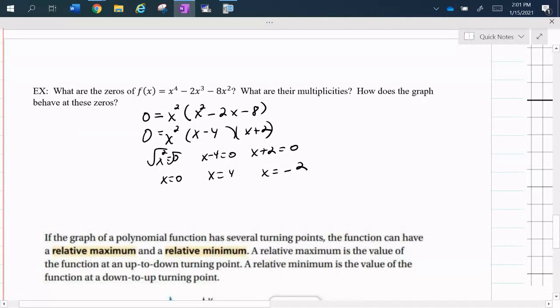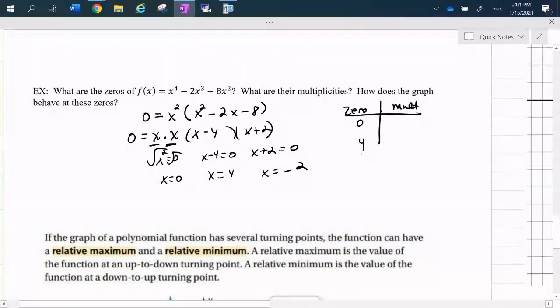But I want you to notice that one of these actually is a repeated linear factor. So instead of writing x squared, we could write x times x, which gives me a repeated linear factor. X equals 0 is going to have a multiplicity of 2. So let's write the zeros and state their multiplicity.